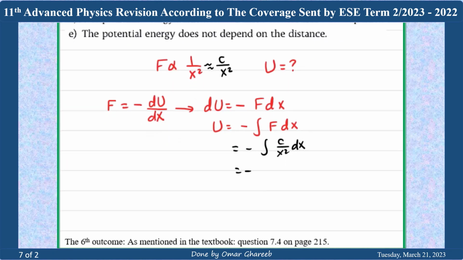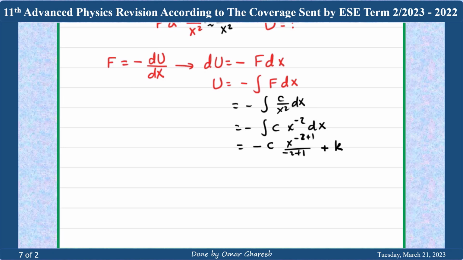This is minus integration c x to the power minus 2 dx. Minus c times the integration of x to the minus 2, which is x to the power minus 2 plus 1 over minus 2 plus 1, plus some constant k. Then we are left with minus c, x to the power minus 1 over minus 1.